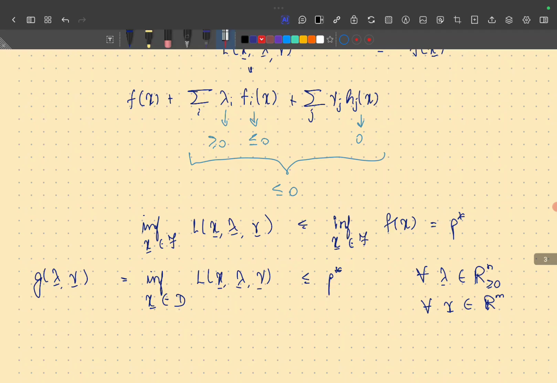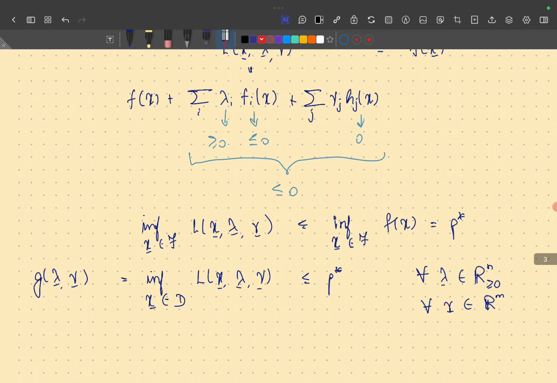It may be close to p star, it may be far away from p star, but it's always going to give me a lower bound on p star. And this is true irrespective of what kind of function f is, or fi or hj is. No assumptions on convexity or continuity or differentiability have been made so far.